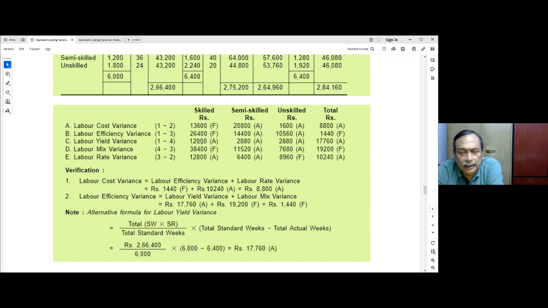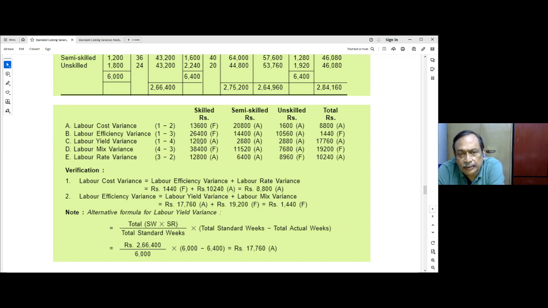Whatever we have computed, we are going to verify. So we have skilled, semi-skilled, unskilled, and total. Labor cost variance is 1 minus 2, that is 13,600 favorable. Semi-skilled 20,800 adverse. Unskilled 1,600 adverse, and total 8,800 adverse.